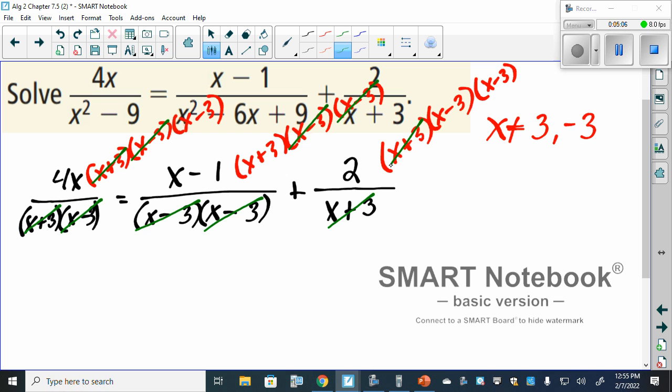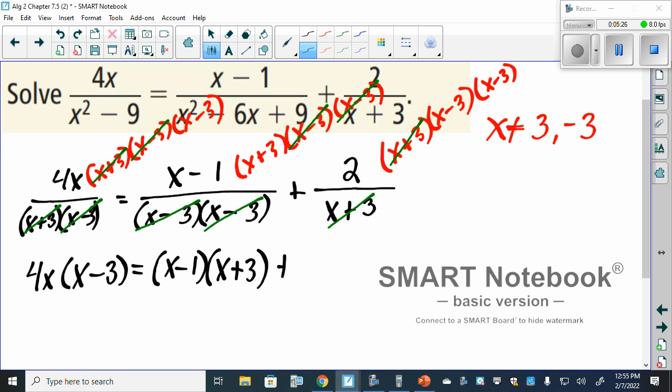Let's see what we're left with. In the first one, we're left with 4x times x minus 3, equal to x minus 1 times x plus 3, plus 2 times, what do we have left over here? X minus 3 and x minus 3. Where did we get those from? From x squared minus 6x plus 9.